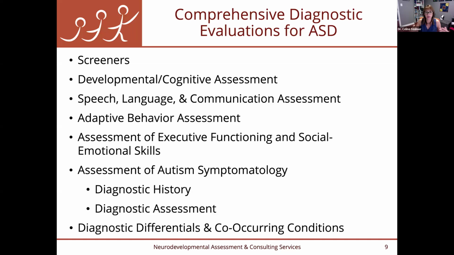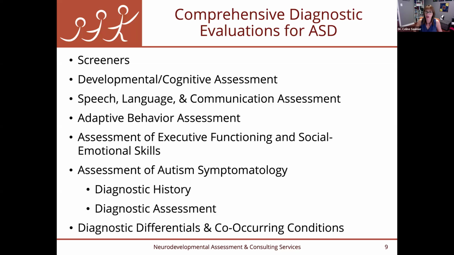And then you can really get into additional testing like executive functioning and social emotional regulation skills when you're conducting a diagnostic evaluation, because so many of those behaviors are overlapping with the co-occurring and or diagnostic differentials that we'll talk about. And that's all before we even get to assessing the autism symptomatology per se.